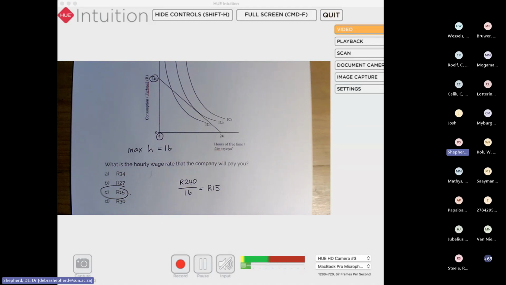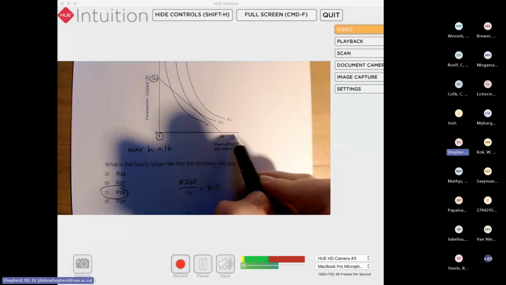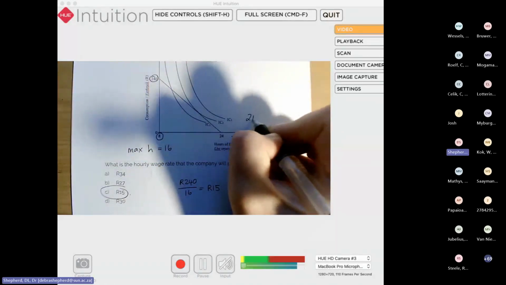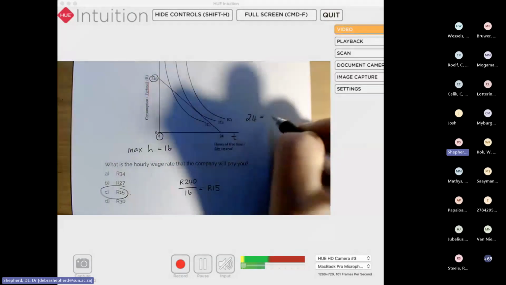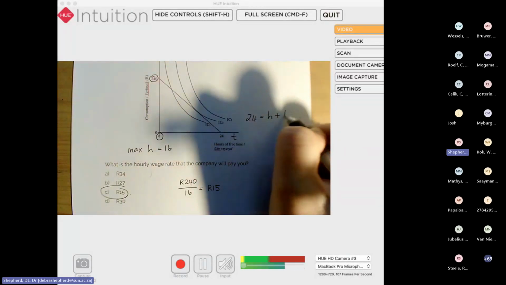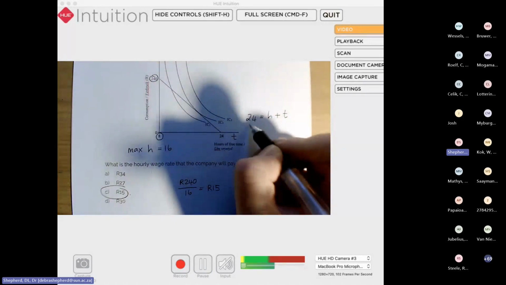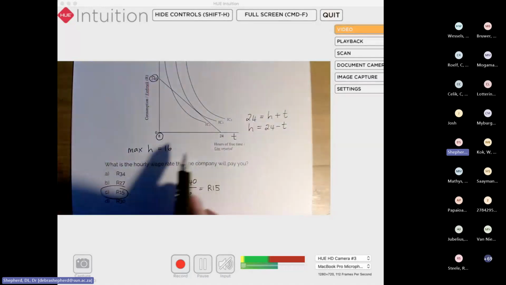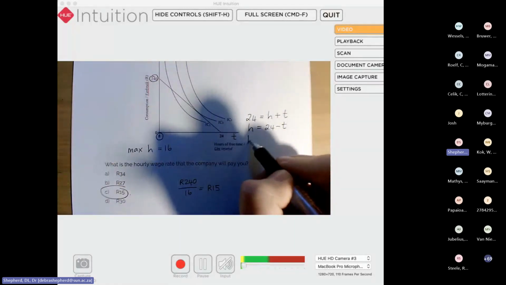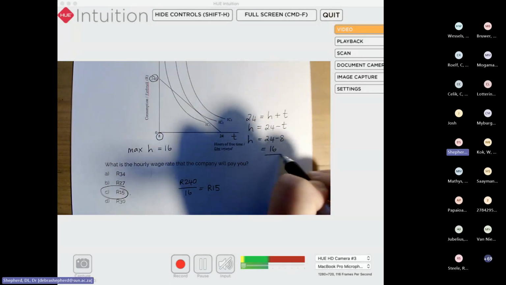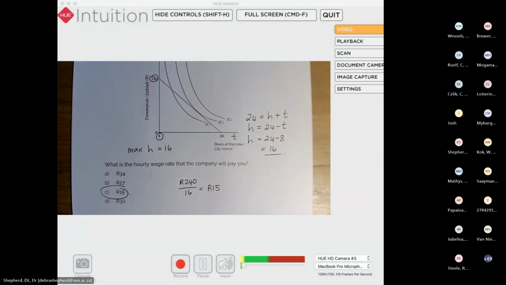So how I got the 16 hours is, this is free time on my x-axis. 24 must be equal to hours of work plus hours of free time. So hours of work must be 24 minus t. So if my t is 8, then I find 16.